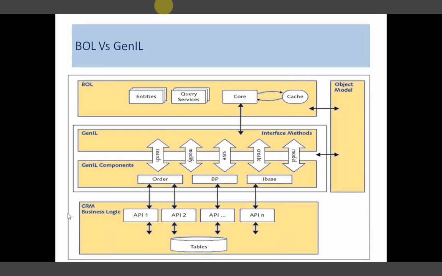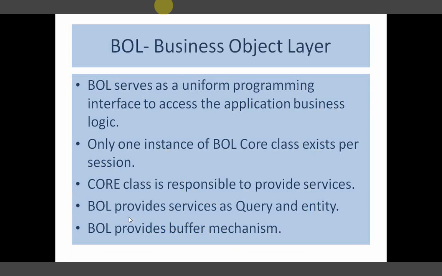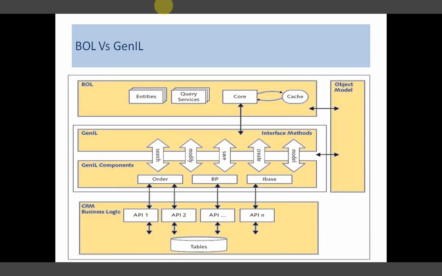That's why it has been mentioned here as CRM business logic. Business logic will be written here. And another term, uniform programming interfaces. Why does it say uniform programming interfaces? Because if I am requesting sales order details, I would be accessing the same business object layer.